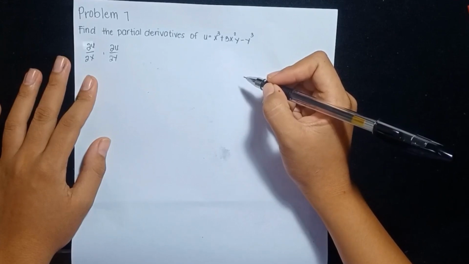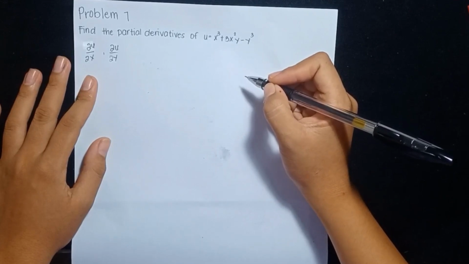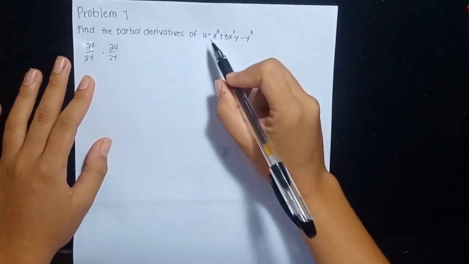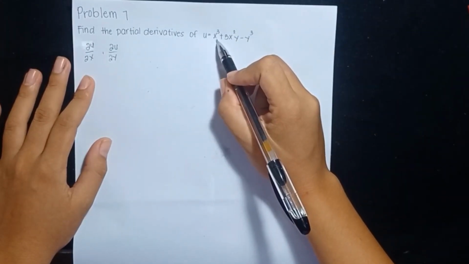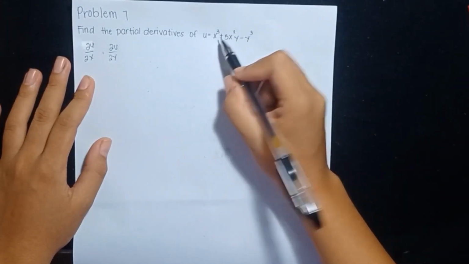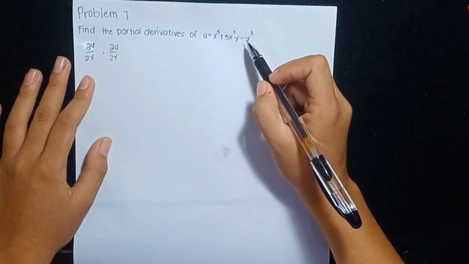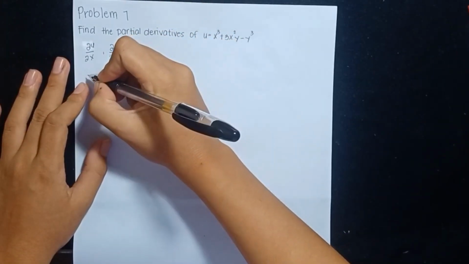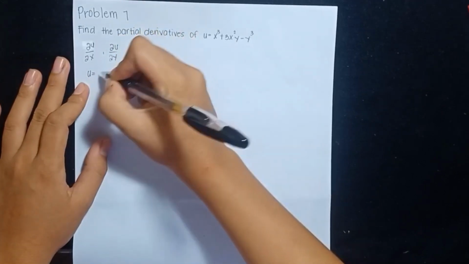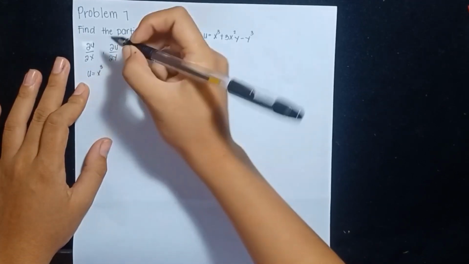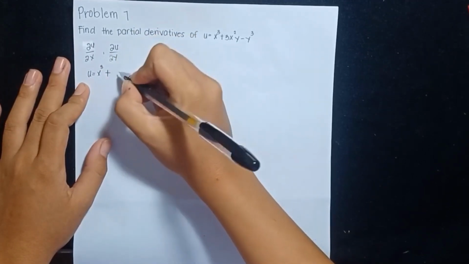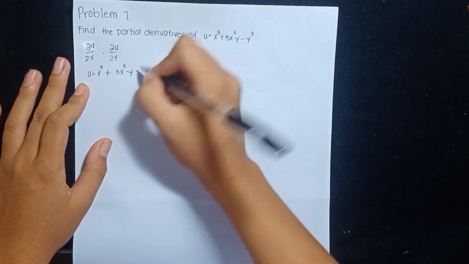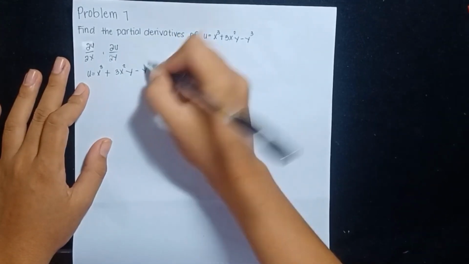First, we solve the partial derivative of u with respect to x. In this case, we will treat x as an independent variable and y as the constant. So u equals x cubed plus 3x squared y minus y cubed.